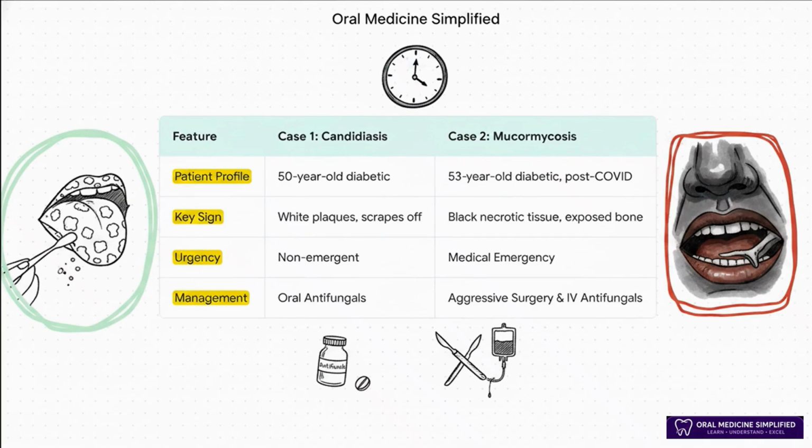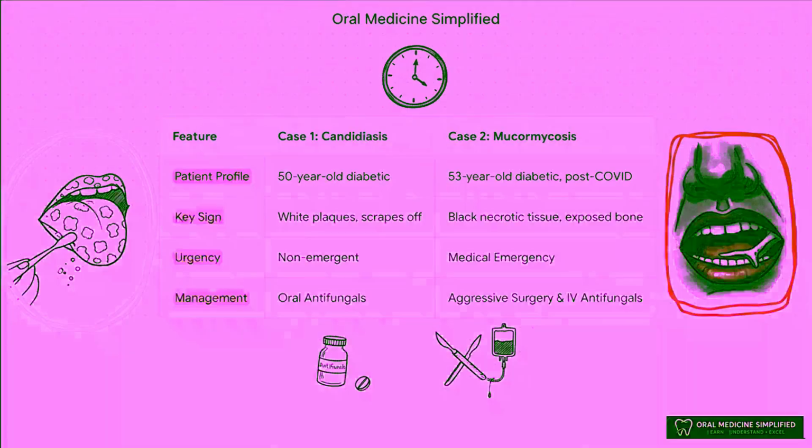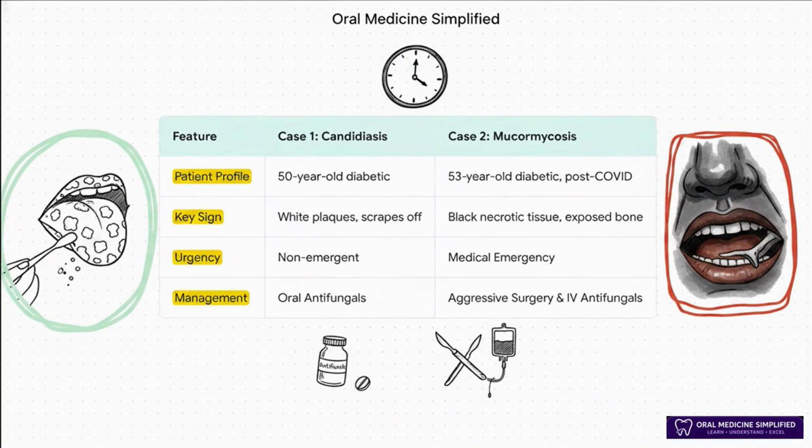Other, black, necrotic, non-scrapable, with exposed bone. One is an overgrowth, while the other is an invasion, and that difference changes everything. Candidiasis, non-emergency, managed with antifungals, routine care, while mucormycosis is a medical and surgical emergency. Immediate action is required.